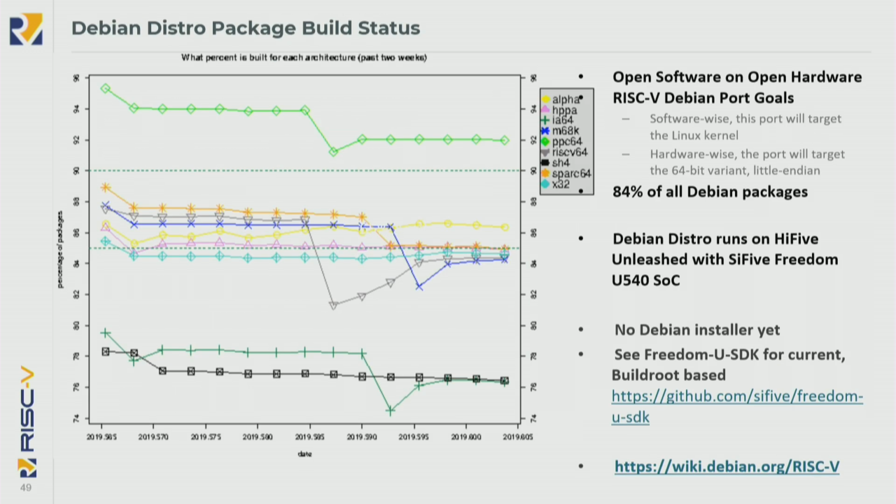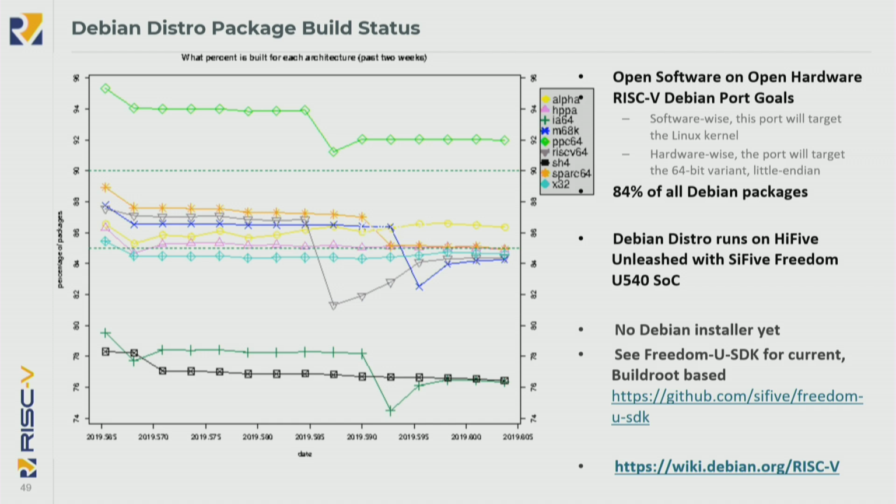The other Linux distro that supports RISC-V is the Debian distro. It actually progressed a bit further, where over 84% of the Debian packages have been ported to support RISC-V. Of course, you have probably all seen the demo where we have Quake running on HiFive Unleashed.